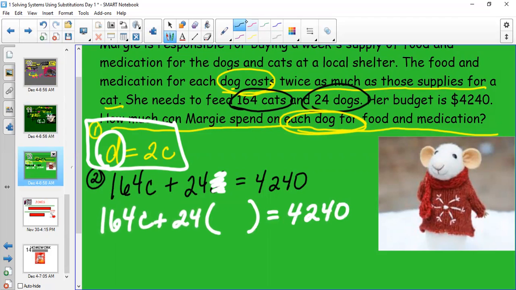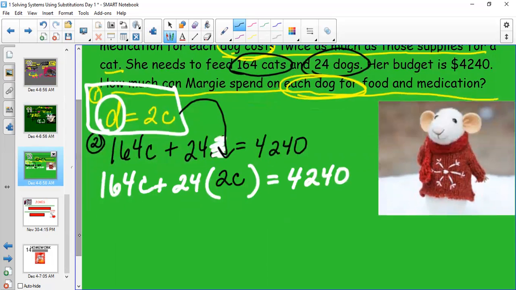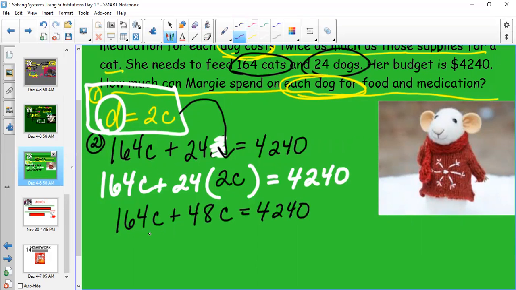In the parentheses, we go back to our magic equation and we plug in what the dogs equal, which is 2C, double the cats. All right, so if I'm solving this, I have 164C plus 24 times 2 is 48C equals 4,240. All right, combine your like terms.